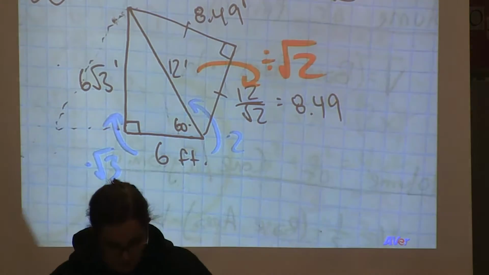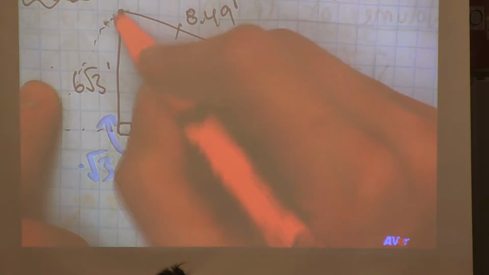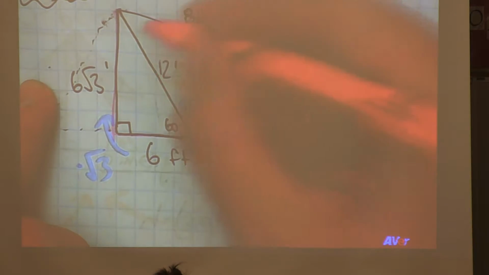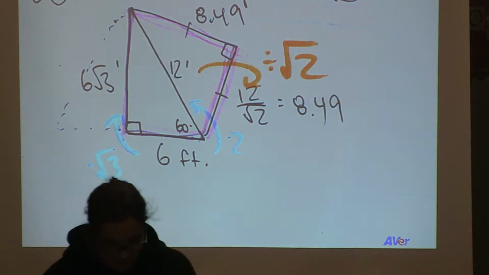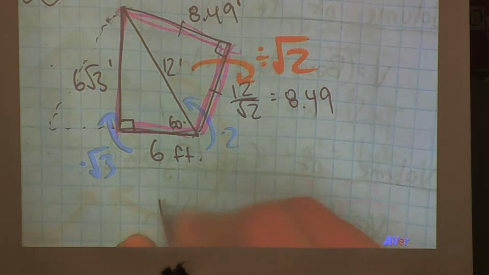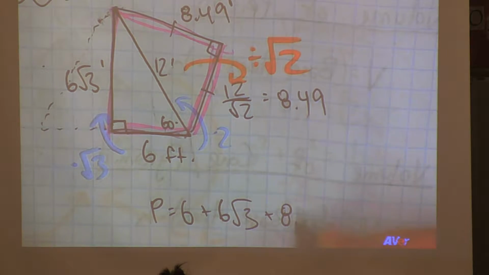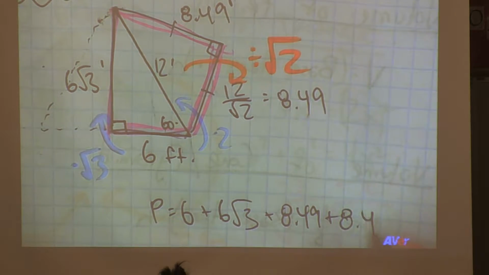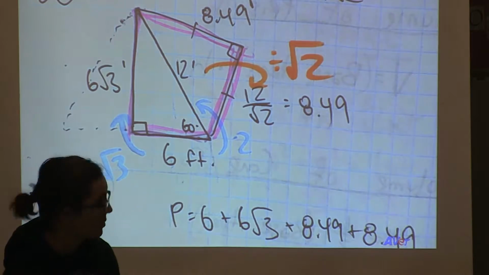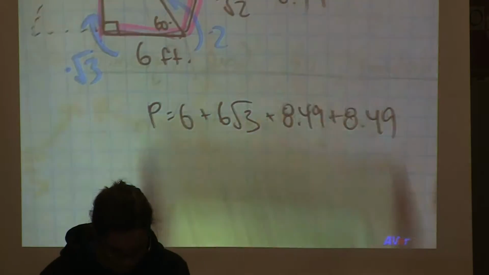So my perimeter would be all of it, everything, except for that middle piece. Don't add the 12, because that's not part of the perimeter. The perimeter is in pink, and so the perimeter would be 6 plus 6 root 3 plus 8.49 plus 8.49. I don't know what 6 root 3 is, but I can just type that into my calculator.